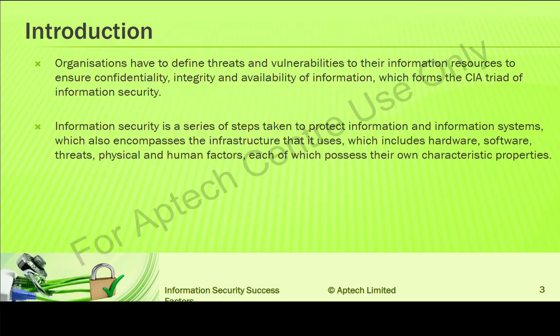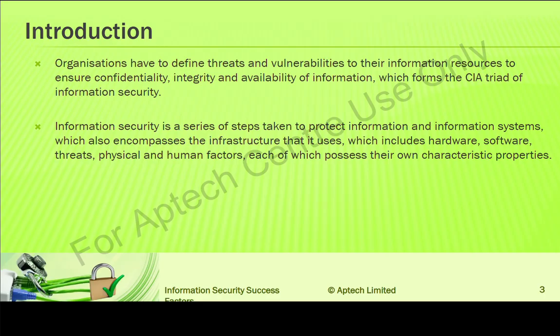Here we are talking about where it will be identified: all the assets that need to be protected, all the infrastructure of the organization, either hardware or software, all those threats that leverage the human factor, internal, external, physical, and all the property and assets of the organization. This is where they take steps to protect all these and the information system of the organization.